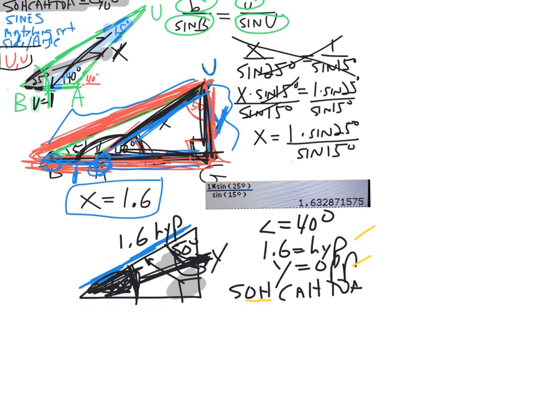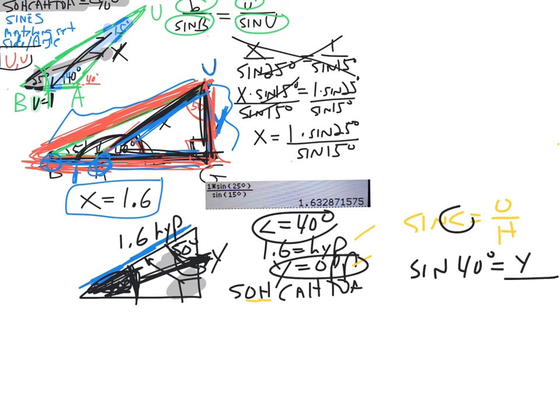So here I know the sine of an angle equals opposite over hypotenuse. So the sine of the angle 40 equals the opposite, which is y, over the hypotenuse, which is 1.6. Here, since what I'm solving for is in the numerator, I'm going to put the sine of 40 over 1 and cross multiply. If the y would have been in the denominator, I would have had to use the switcheroo rule.